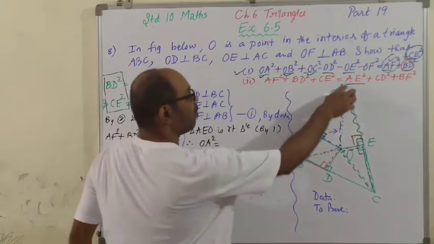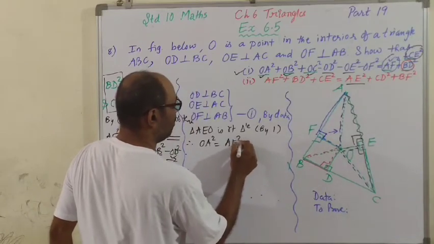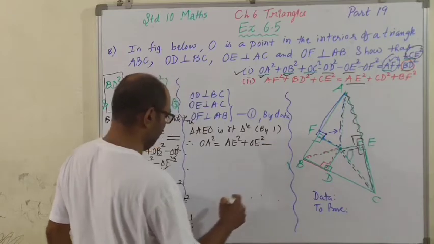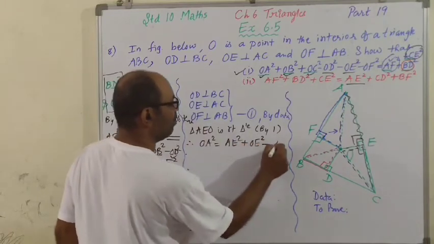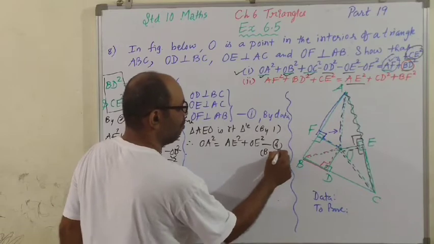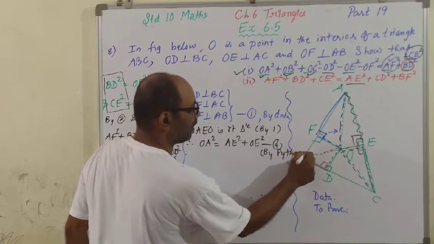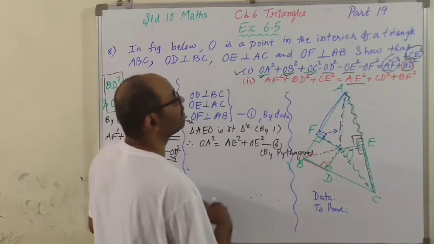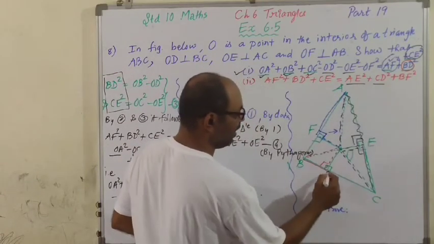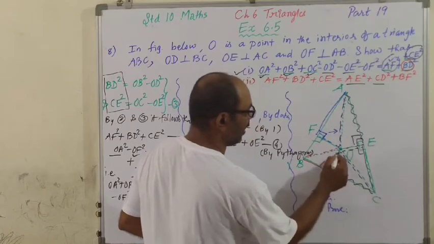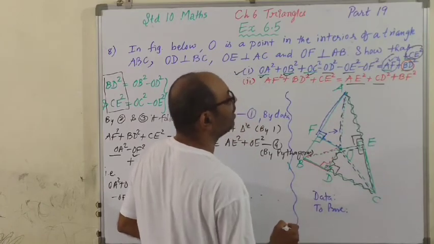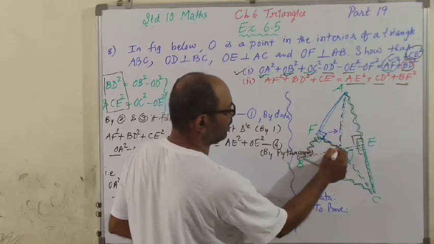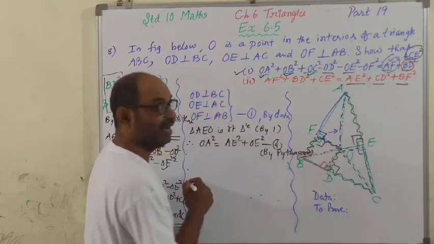OA square is equal to AE square plus OE square. Correct? This is result number 3 था, अब 4 by Pythagoras. Alright? Now, next is CD. ये रहा CD और ये राइट एंगल ट्राइंगल में. करेक्ट? फिर BF. ये रहा BF and it is in this right angle triangle. Correct?